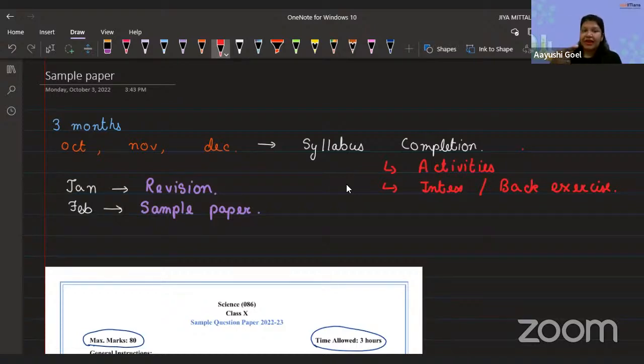And then when we go into January and Feb, in that time you have to go with the revision, that is basically previous year questions. You can take the CBSE sample paper, whether it is Term 1 or Term 2, you can do both question papers. You just have to sit for 3 hours altogether and write every single answer line by line.